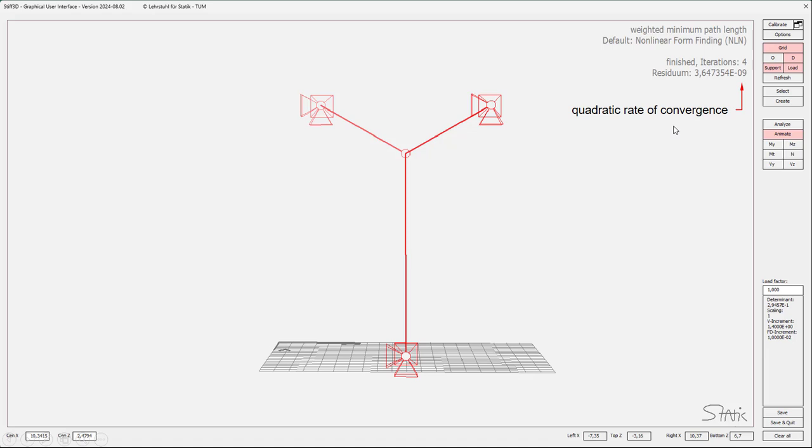So it's also a check: if your method is converging quadratically, presumably your code is programmed correctly. It's also well known that if three cable forces meet at a common node and all of these forces are of the same value in tension, then these cables meet at 120 degrees, which is also correct here.